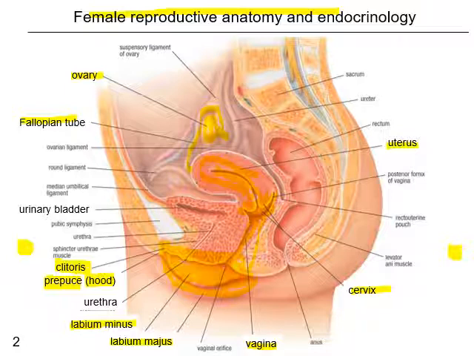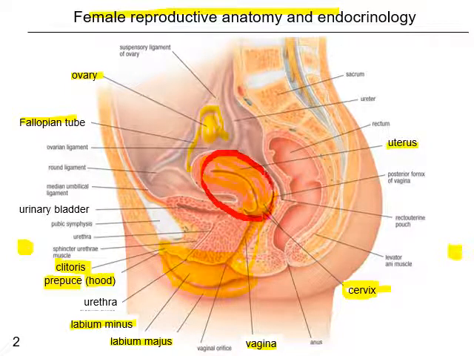It closes during pregnancy to maintain a closed environment inside the uterus during pregnancy. So the highlighted structures here illustrate the names of the anatomical structures that you do need to know to understand female reproductive anatomy.